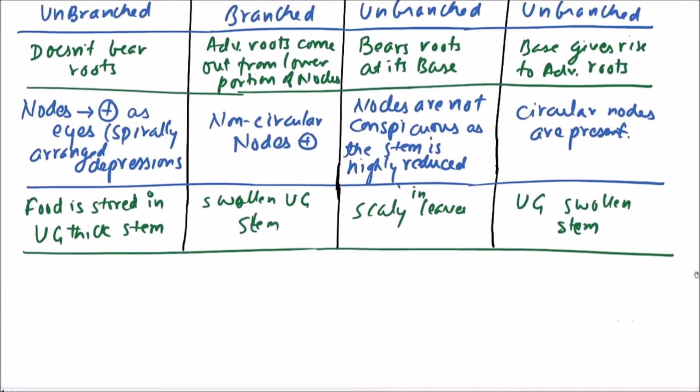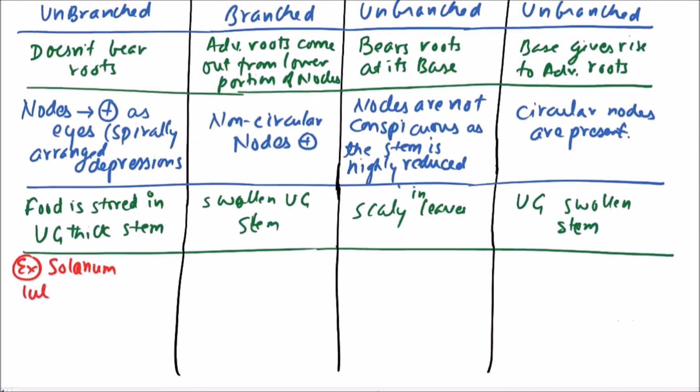Now the examples. Examples of tuber include Solanum tuberosum, which is also known as potato.